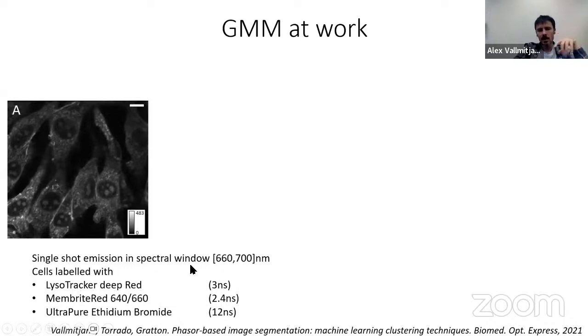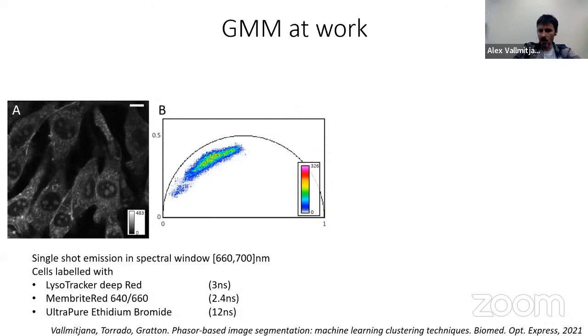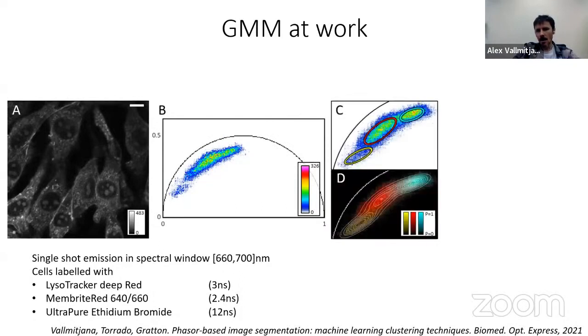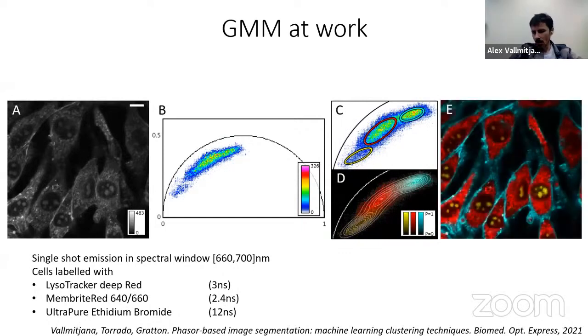This is a single image collected in the 660 to 700 nanometer spectral window. You have LysoTracker, which would label the lysosomes, membrane dye, and then this ethidium bromide, which is supposed to attach to the nuclei. This is the lifetime phasor plot of this image. The system detects 3 clusters, and you go back to the original image, and clearly you identify each of these with what you would expect to find.